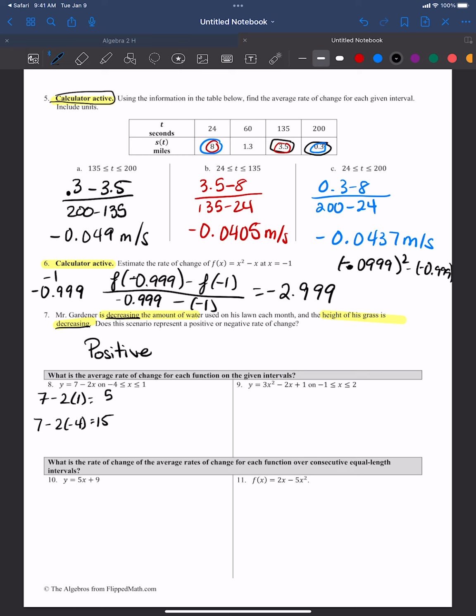And then I'm going to do the slope, right? So 5 minus 15 over 1 minus negative 4, which gives me negative 10 over 5, so negative 2.